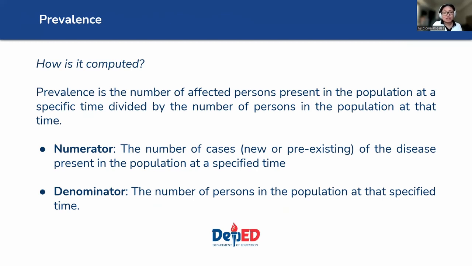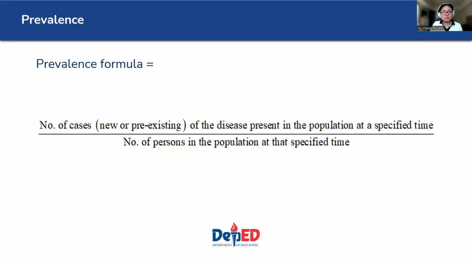It is the number of affected persons present in the population at a specific time divided by the number of persons in the population at that time. The numerator is the number of cases, new or pre-existing, of that disease, and the denominator is the total number of persons present during that time. If you multiply the prevalence formula by 100, it becomes a percent.